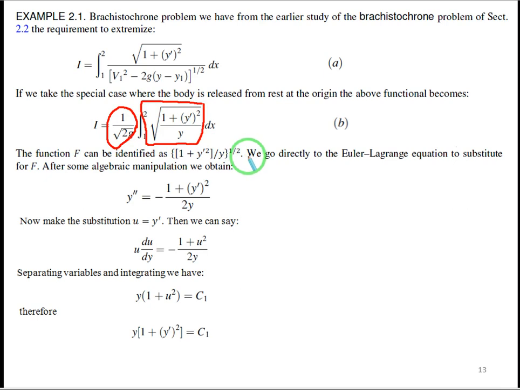So I can use the Euler-Lagrange equation directly to find the differential equations governing y. In your book, the final differential equation is given directly, but I'm going to explain more about the procedure of finding this equation.